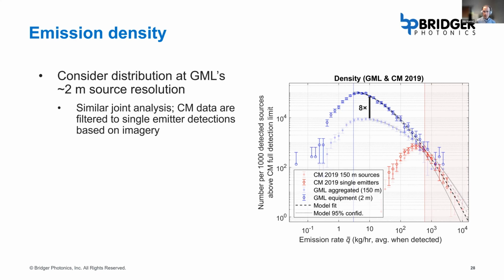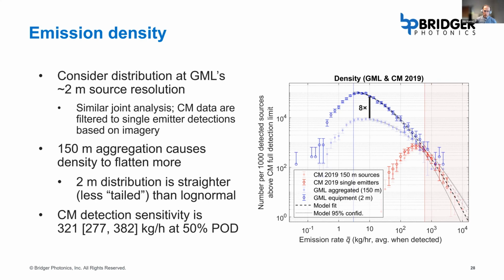Doing this, you can compare the 150-meter source aggregated distribution to 2-meter sources, for instance, for GML. And of course, as you'd expect, there are more equipment level sources than there are facility or 150-meter sources. You can see that by, for instance, looking at 10 kilograms per hour on this plot and seeing they're 8 times more. What you also might notice is that this curve is a little bit straighter than the 150-meter aggregated curve.